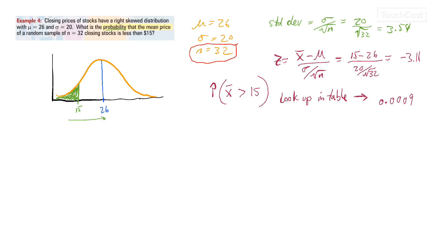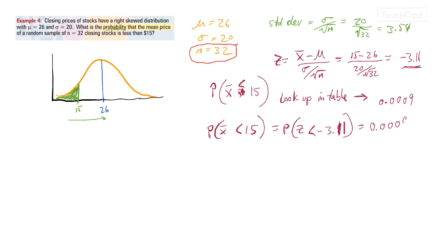What that tells me is that the probability that x bar is greater than 15, or rather, the probability that x bar is less than 15, I should have said less than here, my apologies, or the probability that the z-score is less than negative 3.11, which is the number we got for the z-score, is equal to 0.0009.